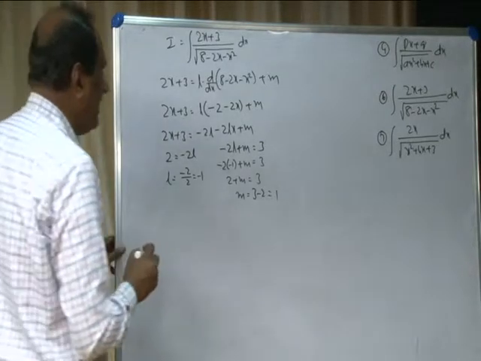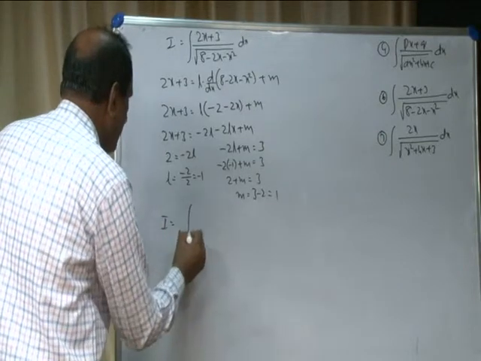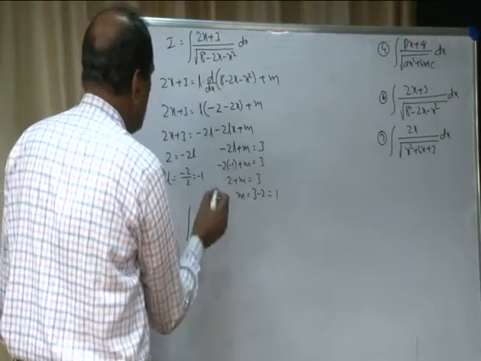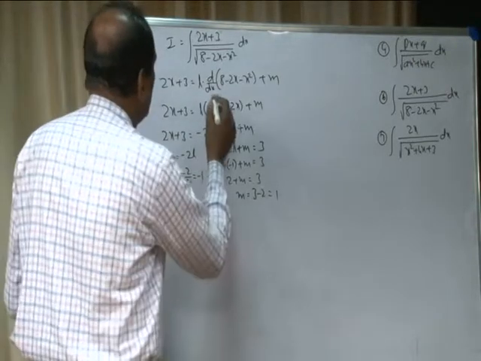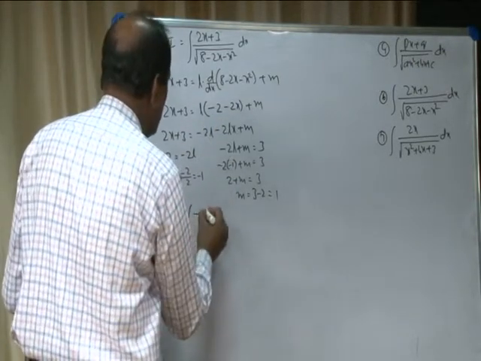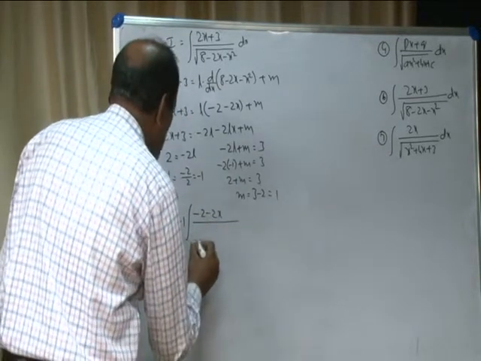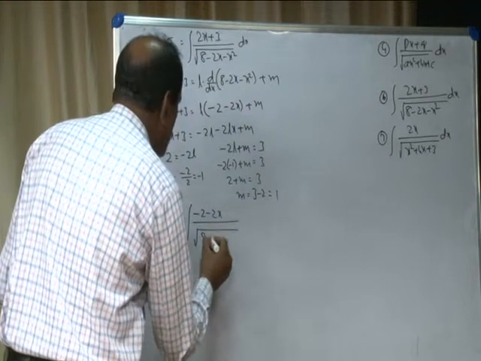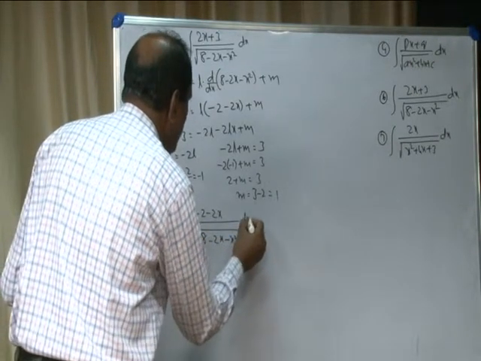Now the given integral becomes, see here, L is minus 1, into minus 2 minus 2x divided by root of 8 minus 2x minus x square dx.